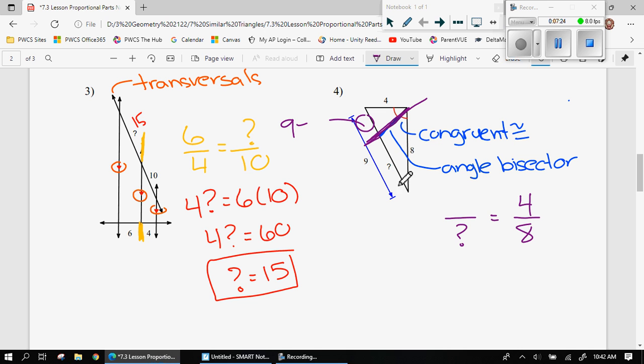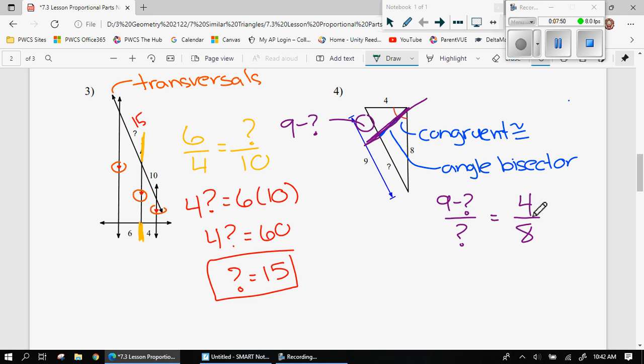Well, we don't know what that piece is, but it's labeled as question mark, so we can say 9 minus question mark. So if we figure out what question mark is, that's how long this piece is. If we subtract that from 9, we'll know how long this piece is. So I'm going to put that in there just like that. It looks funky, but that's what it is. If we knew what this was, we could subtract it from 9 to find this piece.